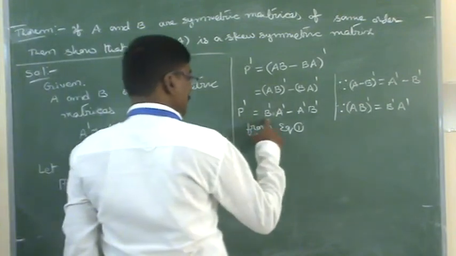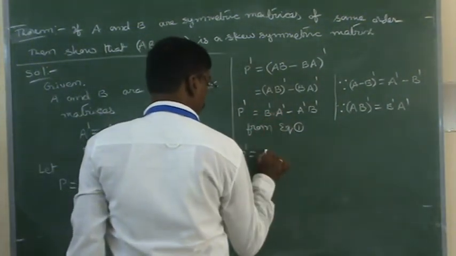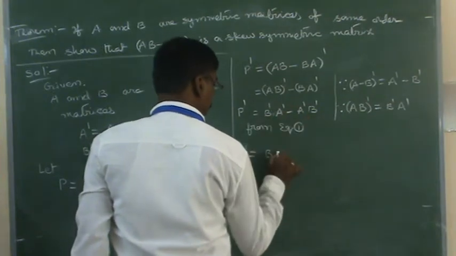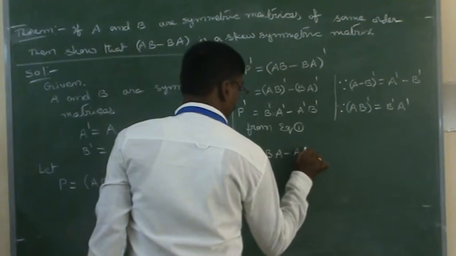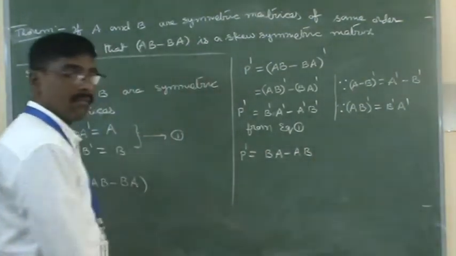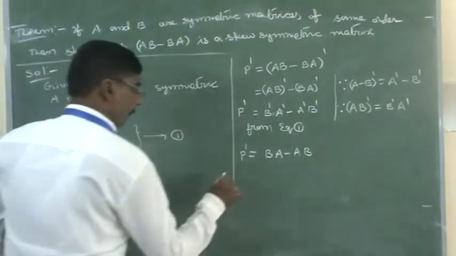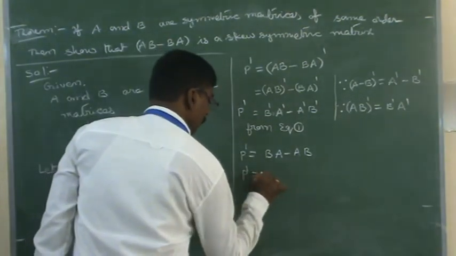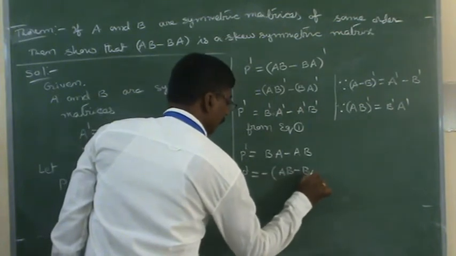So it becomes B A minus A B. In between we take the common minus outside. P transpose is equal to minus of (AB minus BA).